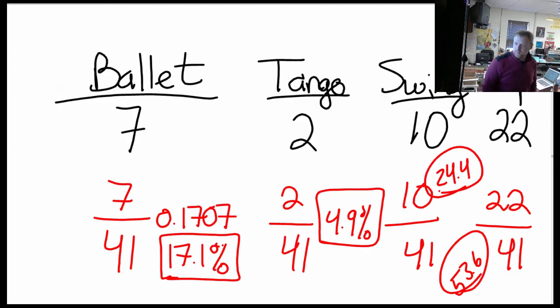So for instance, if this is 17.1%, what could you do to find how many degrees that is? 17.1 over 100 equals blank over 360. Or you could take 360 and multiply it by 0.1707. This would be approximately 61 degrees.